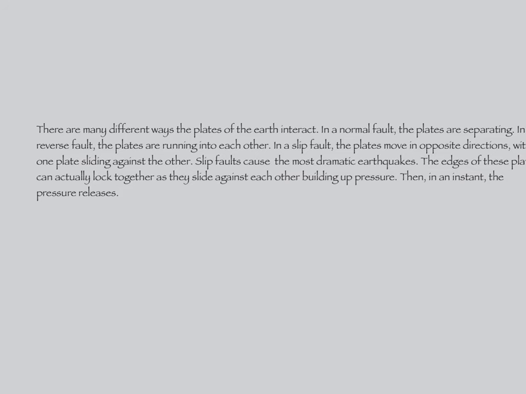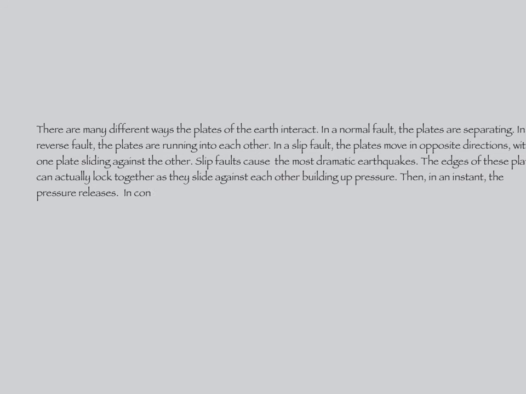So as I'm reading through this, I'm seeing that there are different types of ways that the plates can interact with each other and react to each other. And the way that they react and interact determines the type of earthquake that will happen. So I'm going to conclude by putting some of the thoughts in that paragraph together to come to my own conclusion.